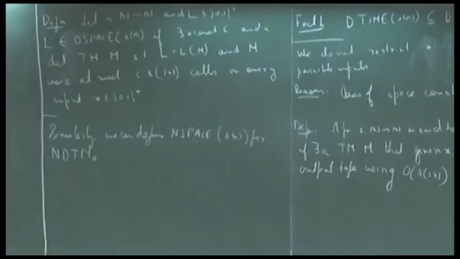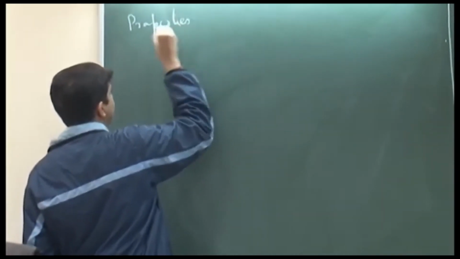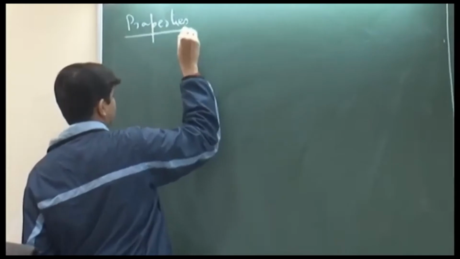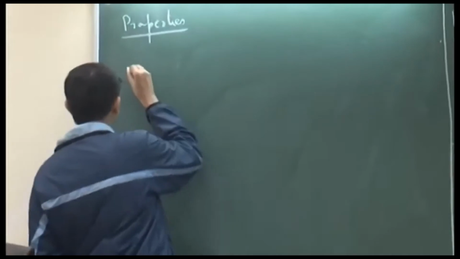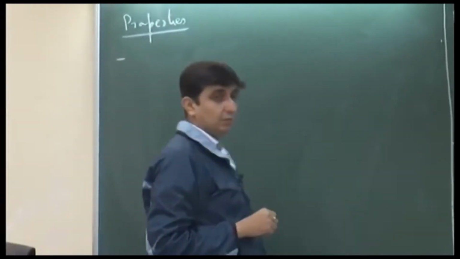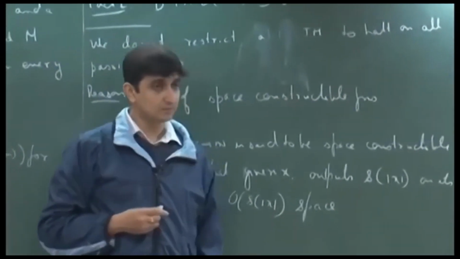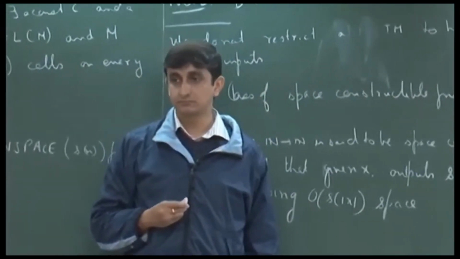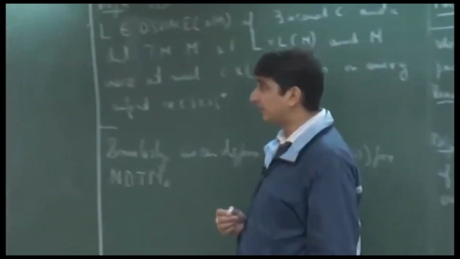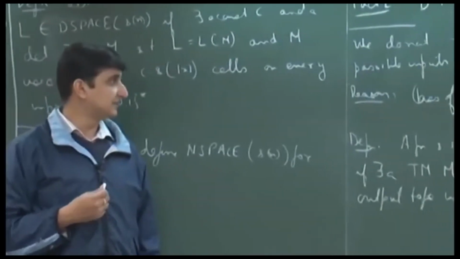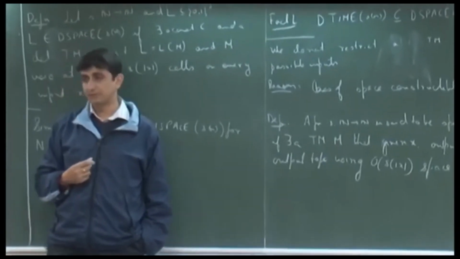Okay, so now let us look at some properties of this graph. Firstly, what is the size of this graph? Let us say that M is a Turing machine with a space bound S of n. What would be the size of this configuration graph?